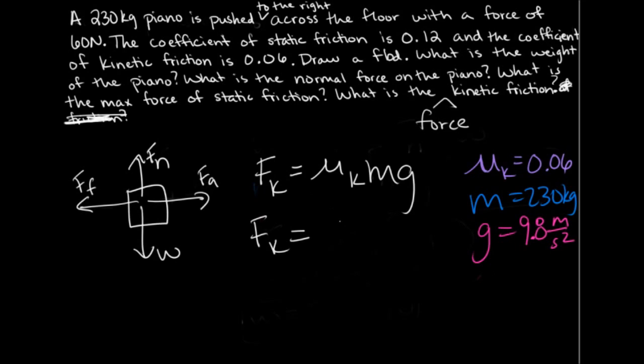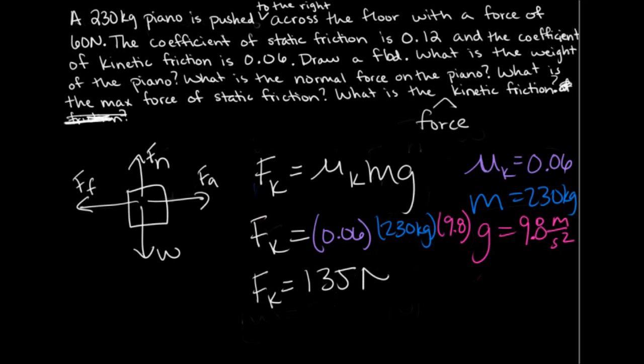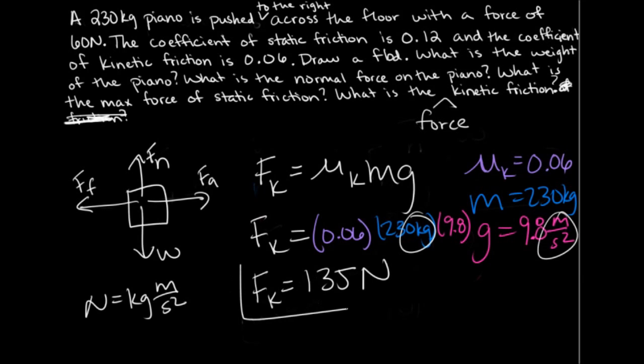So now I just have to fill in this force of kinetic friction equation. 0.06 times 230 kilograms times 9.8 meters per second squared. So the force of kinetic friction is 135 newtons. Because kilograms times meters per second squared equals newtons, because a newton equals kilograms times meters per second squared. So that is my last answer.